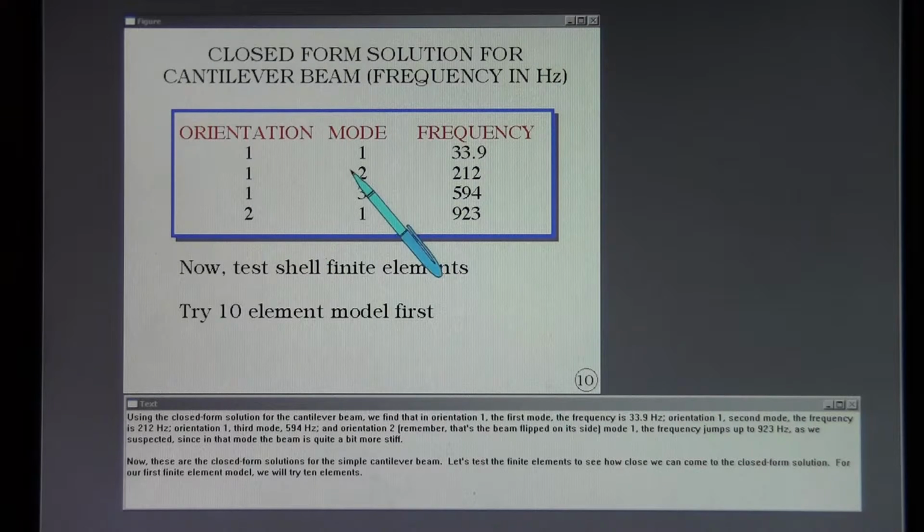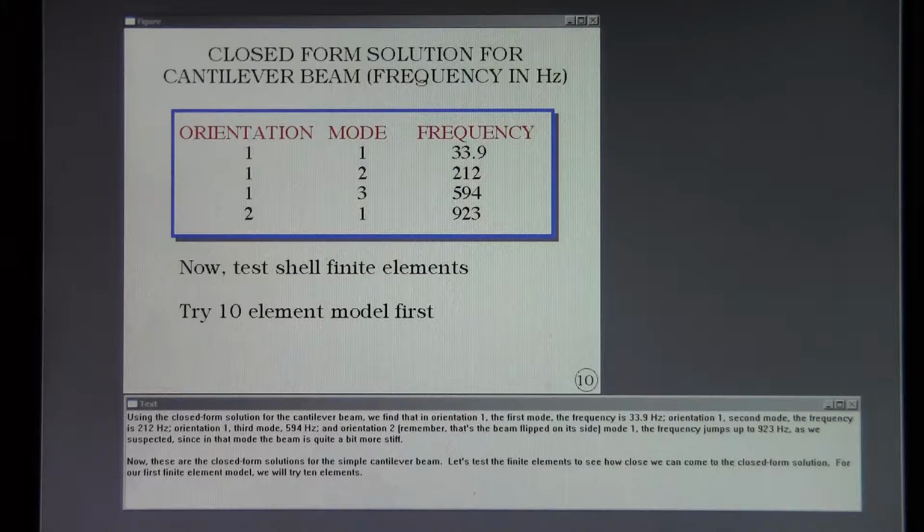Orientation 1, second mode, the frequency is 212 hertz. Orientation 1, third mode, 594 hertz. And orientation 2, remember that's with the beam flipped on its side, mode 1, the frequency jumps up to 923 hertz. As we suspected, since in that orientation the beam is quite a bit more stiff.